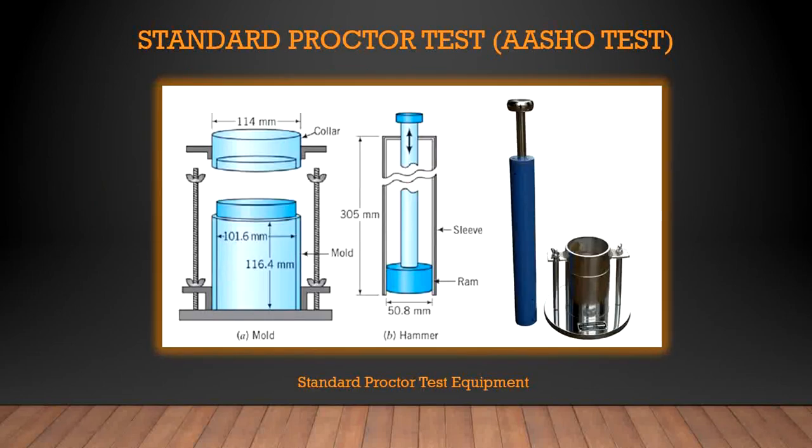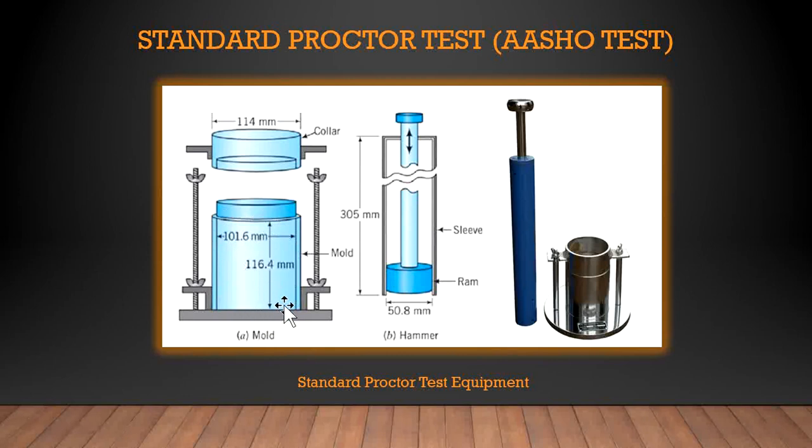Here, first we are going to discuss the standard Proctor test. First of all, let me clarify that in the diagram I have shown the various dimensions of the standard Proctor test apparatus. In some reference books the diameter of this mold is given as 101.6 mm, but in others this value is rounded to 102 mm.